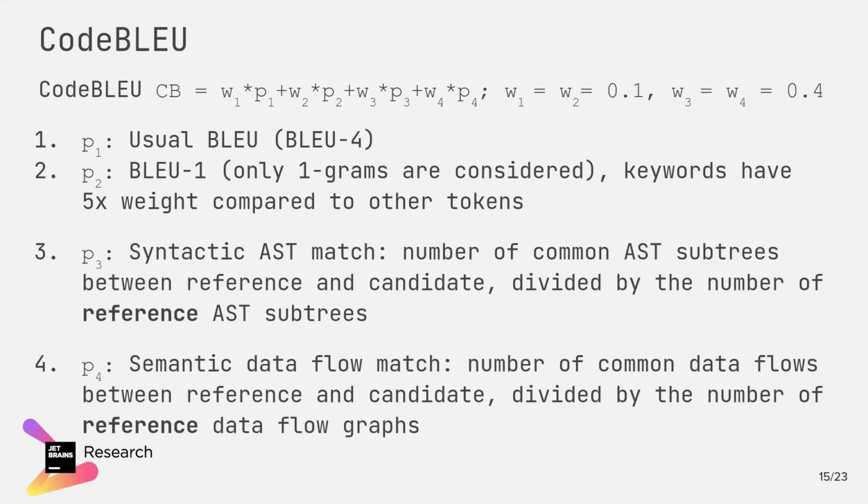The hyperparameter space was somewhat studied by the authors of the original paper, and they claim the best performance of the metric for all of the tasks they considered, like code translation, code refinement, and code generation. So the best set of hyperparameters is W1 = W2 = 0.1, and W3 = W4 = 0.4.